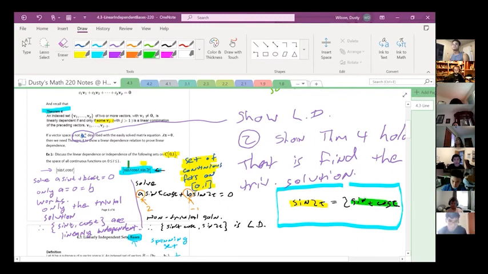In this case, there was only one preceding vector. What does the green highlight represent? So what I'm trying to say is that the second vector is equal to a linear combination of the first vector, of the previous vectors.